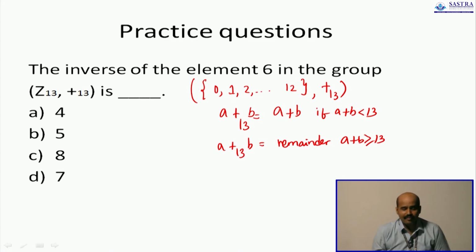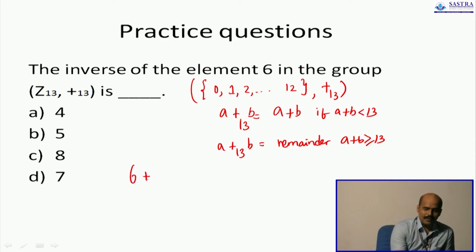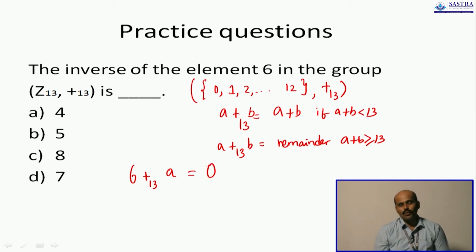Now we are trying to find the inverse of the element 6. What will be that number? Let's call it a. What will be that number which will give me the additive identity 0 when I add it with 6?